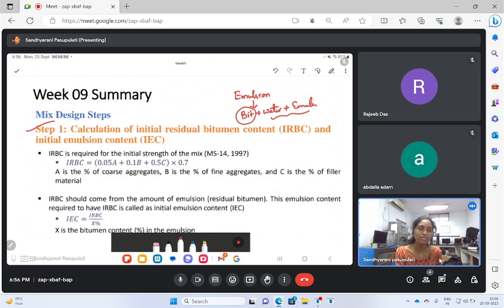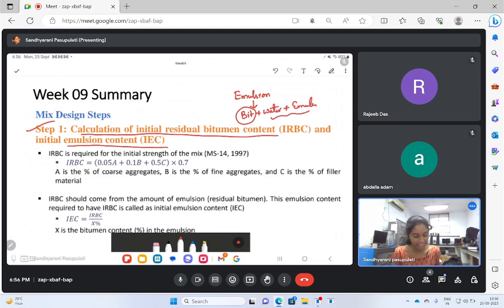Whatever bitumen is present in the emulsion is what will be available to coat the aggregates. So first we have to understand how much bitumen is present in this emulsion. The calculation of initial residual bitumen content is nothing but the calculation of the amount of bitumen present in the emulsion. Once you know that, you can calculate the initial emulsion content.